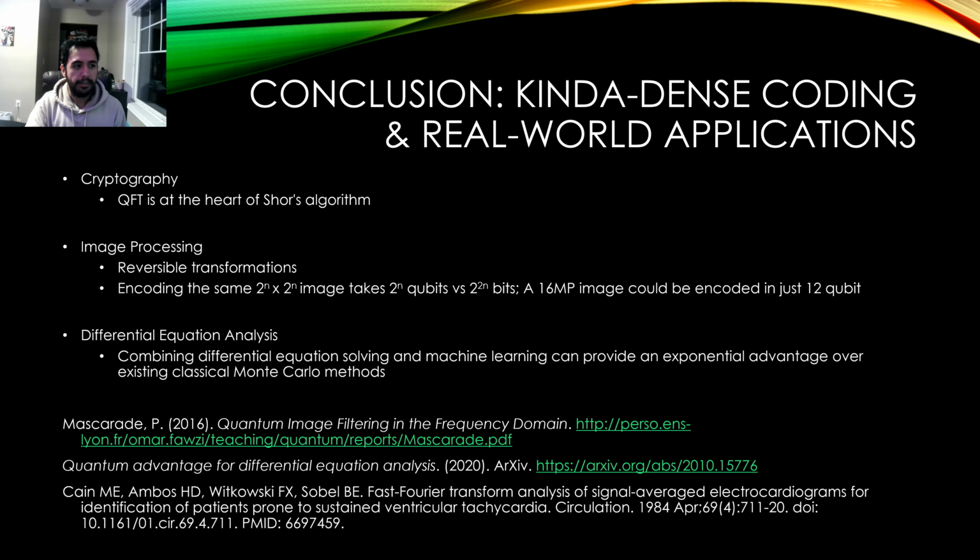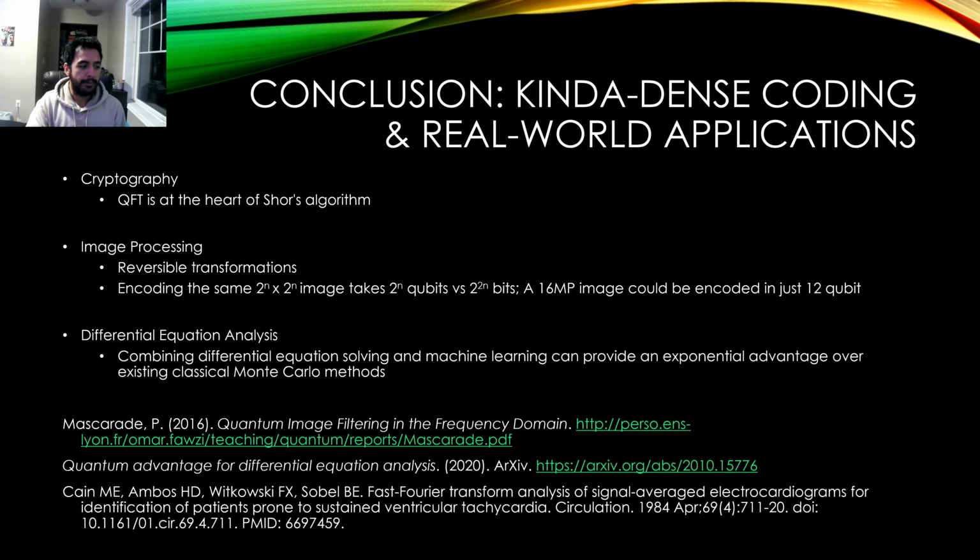But even if they're not, they can still provide other advantages like the reversible transformations and also data storage. So in the second line here, if you think about a 16 megapixel image, that can be encoded in just 12 qubits, and I mean, that doesn't sound that impressive maybe to you, but if you think about like a video, which has a lot of 16 megapixel images, the benefits become a lot more apparent.